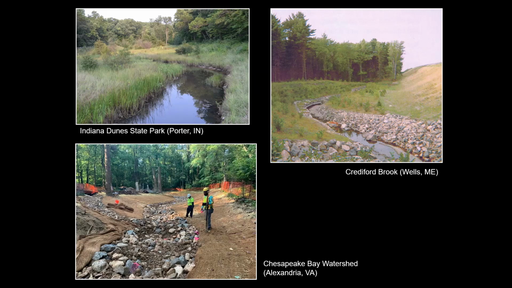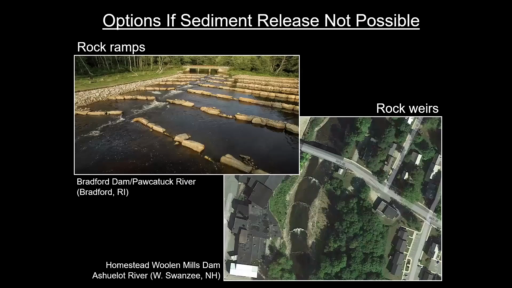So anyway, especially for the smaller dam removal projects in New England, it really isn't an option just given the expense. So other possibilities for managing the sediment, if you don't want a big release of sediment downstream, is to build rock ramps or rock weirs.